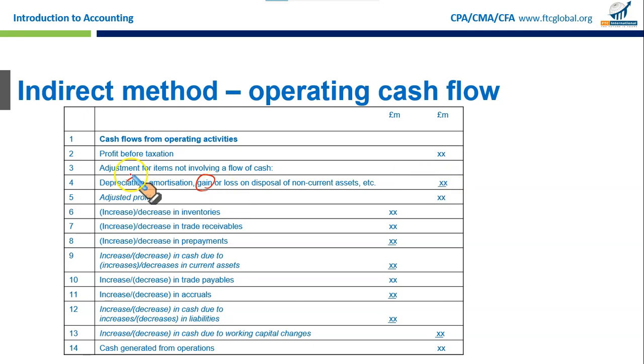So remember, depreciation is added, amortization is added, loss on disposal is added, gain is deducted. Then we need to make some adjustments for working capital. This is something you need to understand. So after arriving at the adjusted profit, in which we have made adjustments for non-cash transactions, now we need to make some adjustments for working capital.